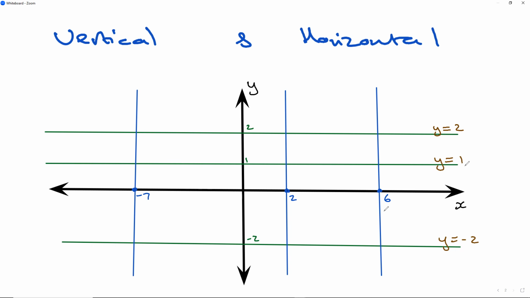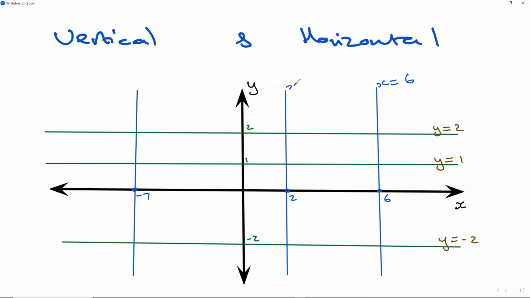And then likewise, the vertical lines have x values. Like, let's say this is 6 and 3. This is, at the moment, 6 and 2. This is going to be 6 and 1. This is 6 and 0. And you notice that for each of these, we have the same x value, 6. Which means that this line will be called x equals 6.